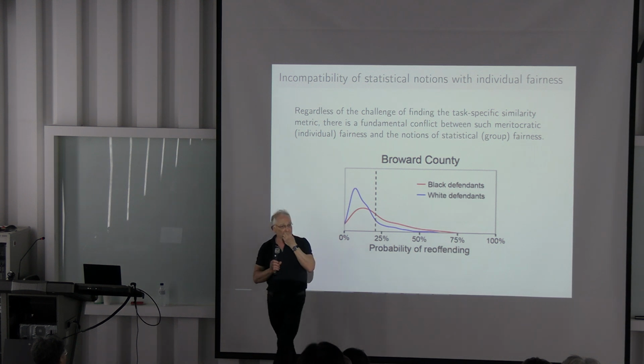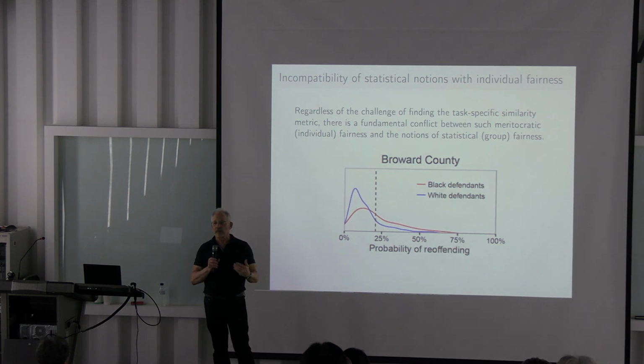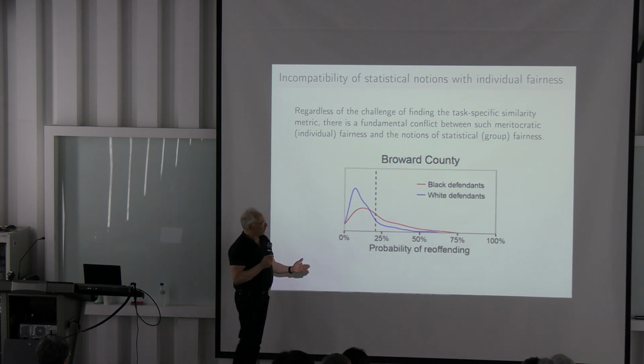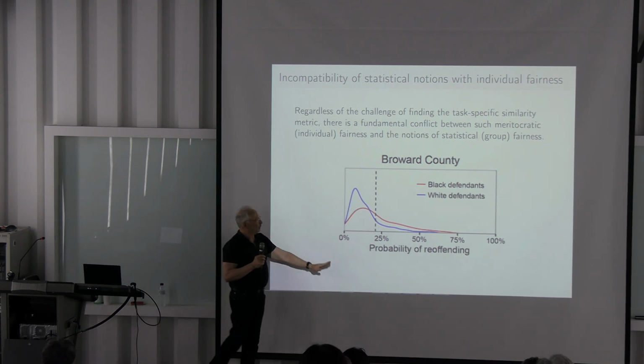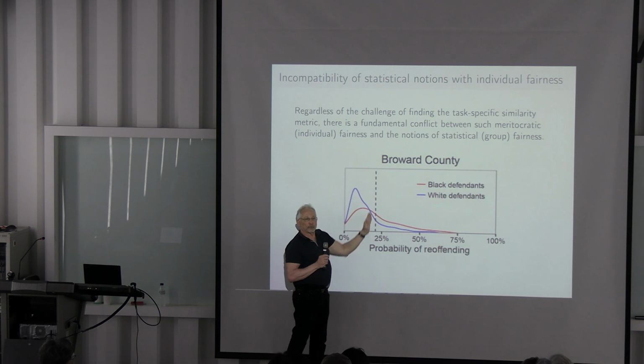But now, assume that we are trying to do individual fairness. So I'm trying to say all I care about is whether you're going to reoffend or not. And based on this, I want to make a decision whether I release you on bail or not. So to be completely fair, I don't look at your race at all, I will set a threshold.